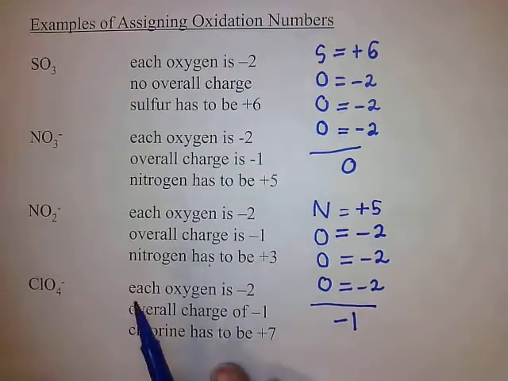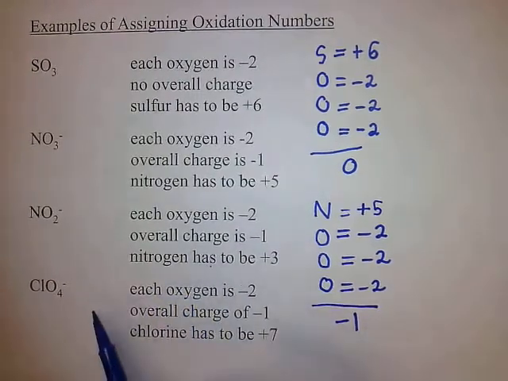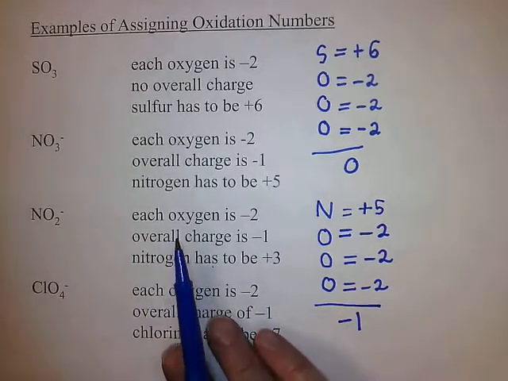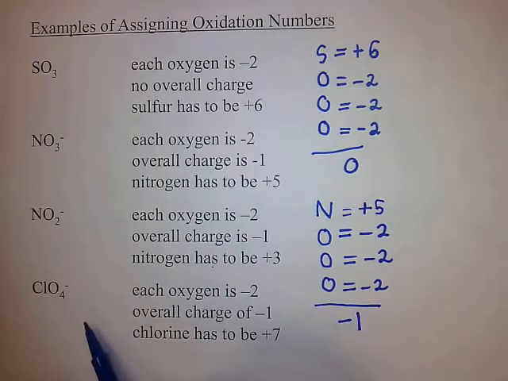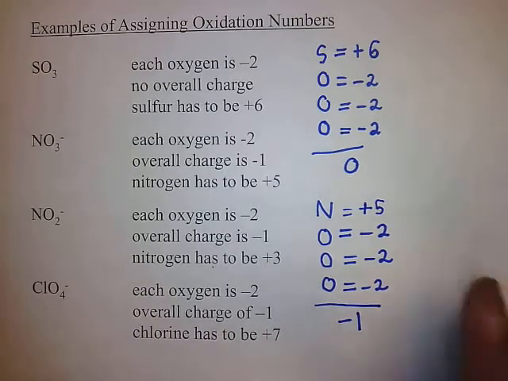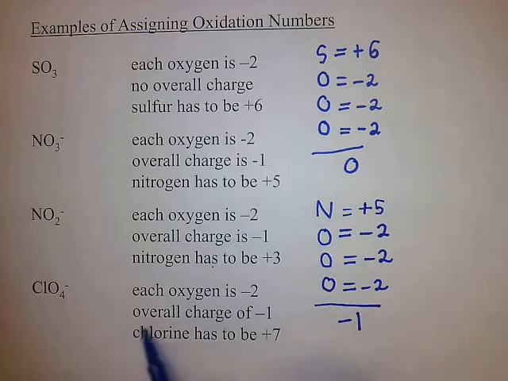My last example is the perchlorate ion. Again, it's a -1 ion, so the sum of the charges has to add up to -1. It's 4 oxygens, so 4 times -2 is -8. To make it all add up to -1, the chlorine has to be in the +7 oxidation state.